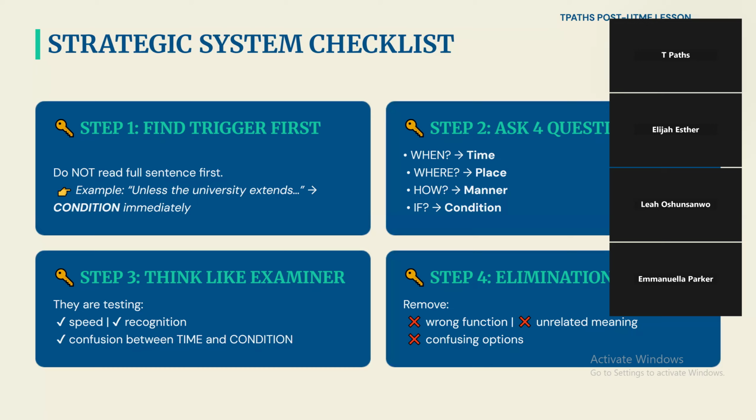Step two, if you still cannot figure out what the answer is, you can ask these four questions. When did this happen? Where? How? When is for time, where is for place, how is the manner, the mood, behavior. It explains the expression. Is the person happy, sad, angry?